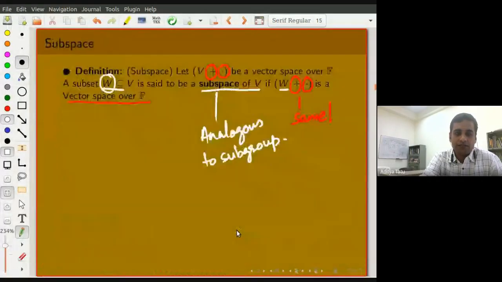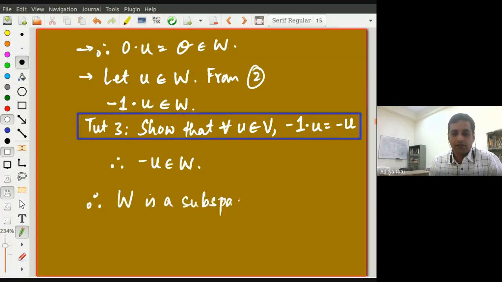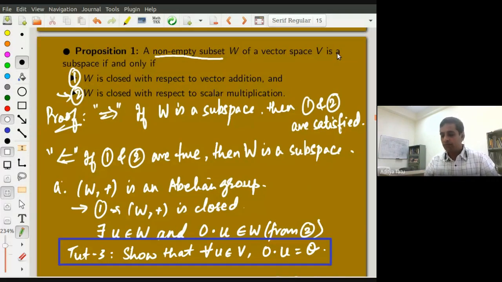So we have therefore proved this proposition that W is a subspace of V. Analogous to the case of subgroup, where we didn't need to check all group axioms, for a subspace, as long as you're given a non-empty subset, we only need to check these two things: whether W is closed with respect to vector addition, and whether W is closed with respect to scalar multiplication.